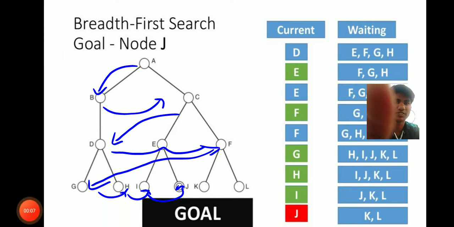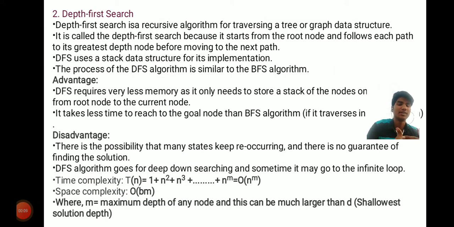After breadth first search algorithm there will be depth first search algorithm. So depth first search is a recursive algorithm for traversing a tree or graph data structure. It is called the depth first search because it starts from the root node and follows each path to its greatest depth node before moving to the next path.